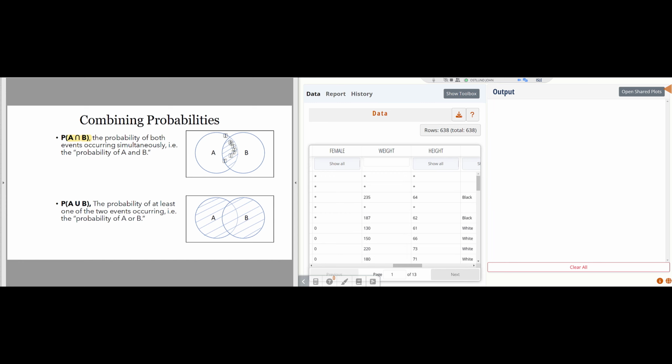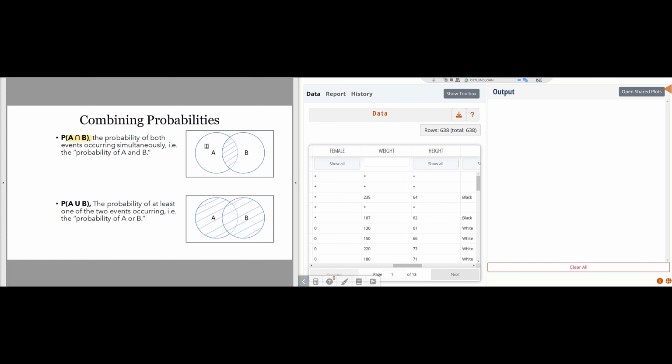If we think of this circle on the left here as the proportion of situations in the world where A can occur, and the circle B as the proportion of situations in the world where B can occur, then it's this intersection between those two circles that represents both A and B occurring. So what we're asking with this notation is what is the probability of this intersection occurring?